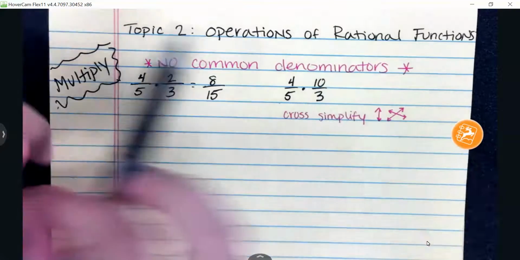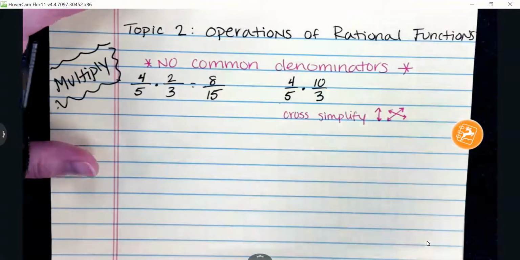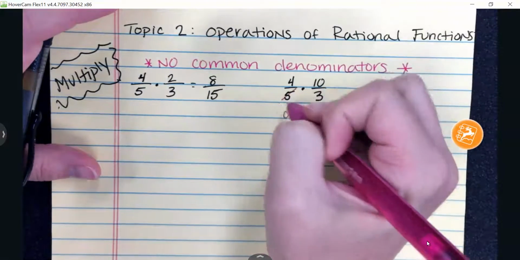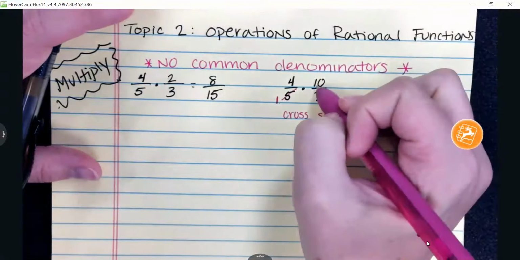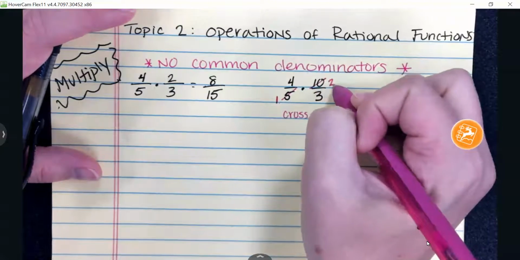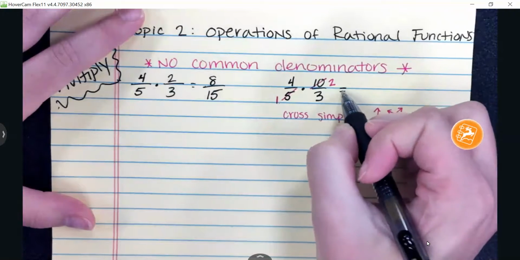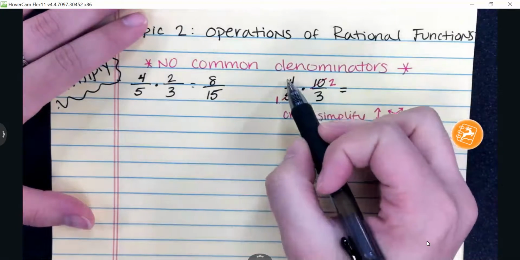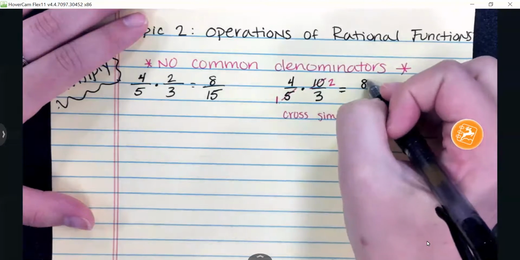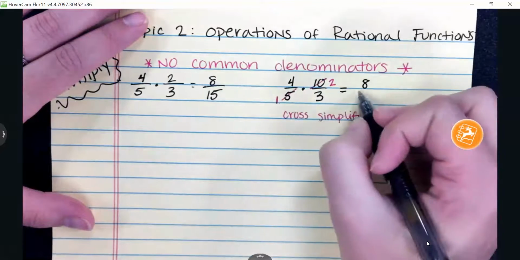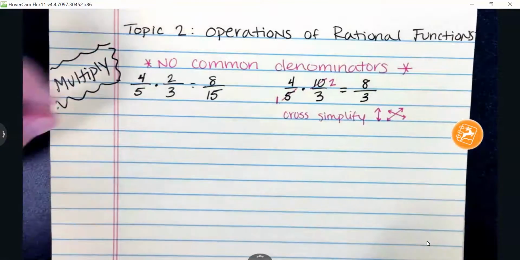What can I divide both 5 and 10 by? So 5 divided by 5 is 1, and 10 divided by 5 is 2. So now I can multiply straight across. 4 times 2 is 8, and 1 times 3 is 3.